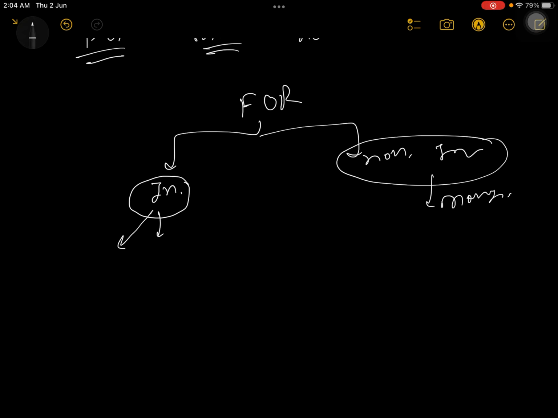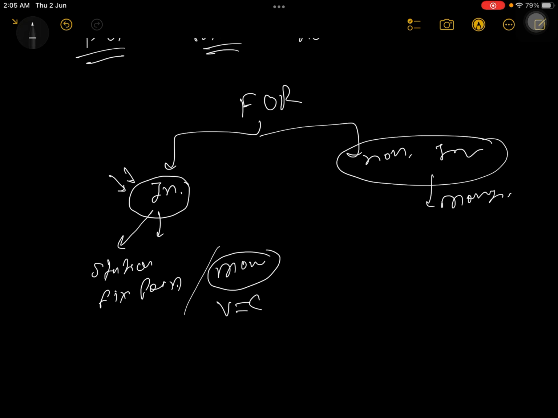Your inertial frame can be stationary, a fixed point, or it can be a moving object also. But if the inertial frame of reference is moving, then it should move with constant velocity. What is the meaning of constant velocity? I have not given you an idea about velocity yet.